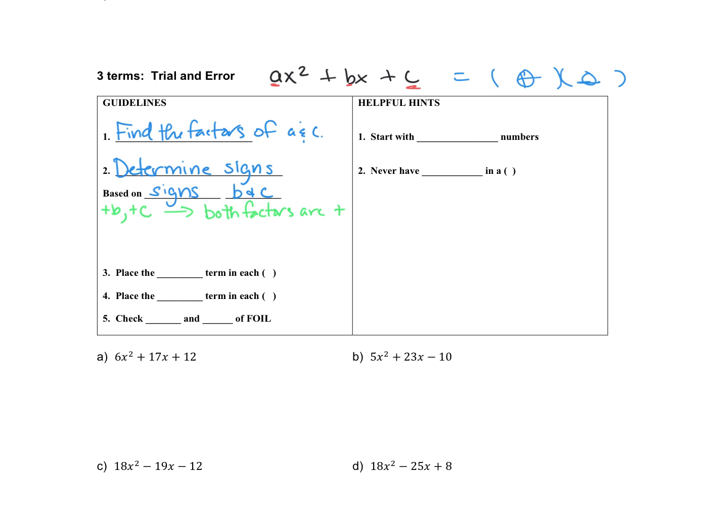Okay. If we have a negative B but a positive C, then both factors are negative.